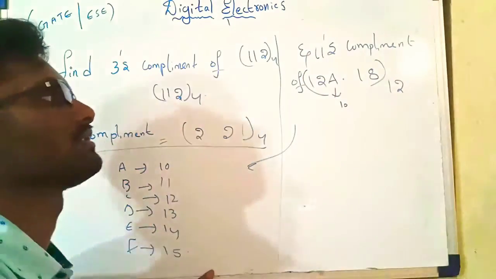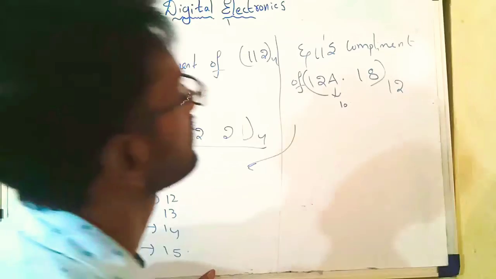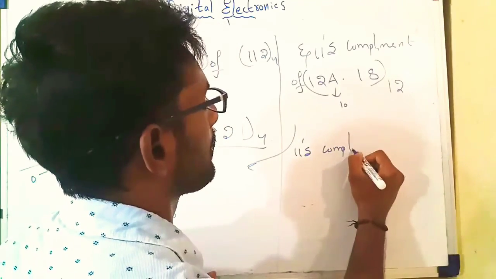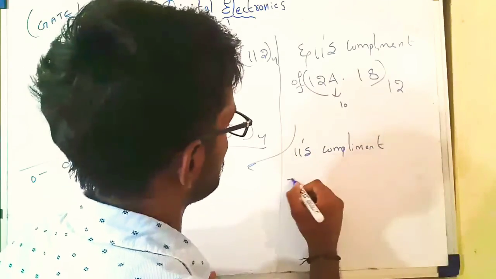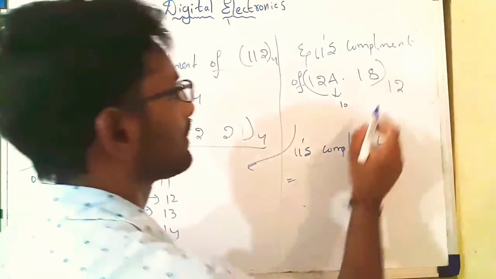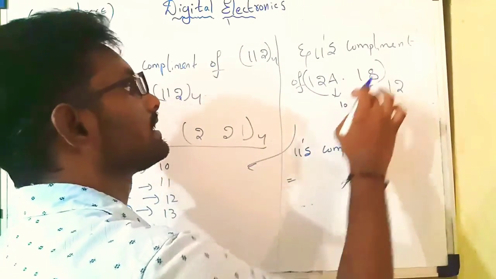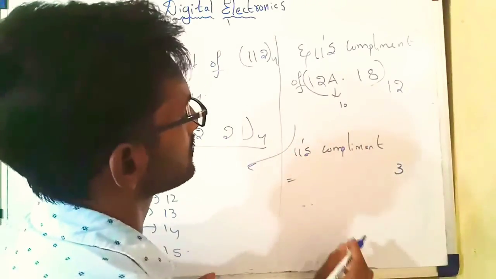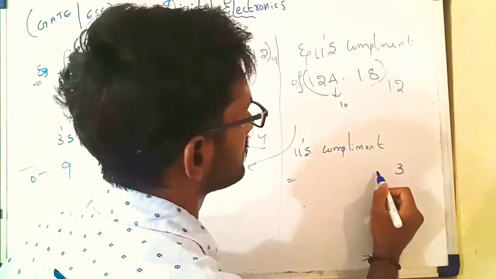For 11's complement, the total value should be 11. So the 11's complement is: subtract 8 from 11. 11 minus 8 is 3. 11 minus 1 is 10.